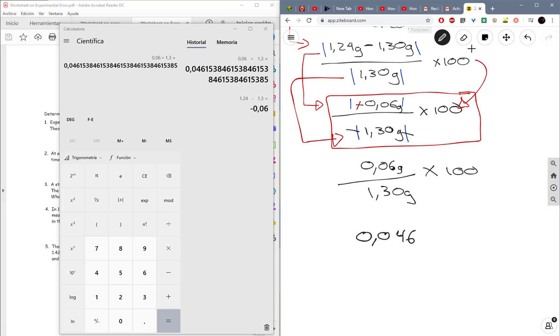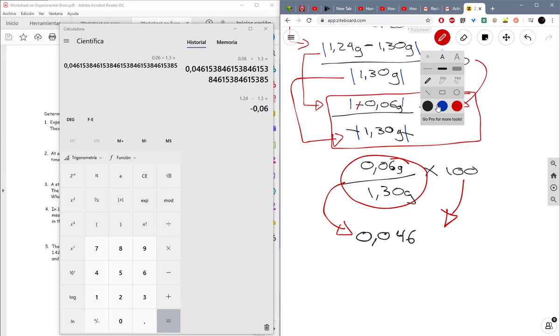Okay, remember this became this. And now we have to multiply by 100.